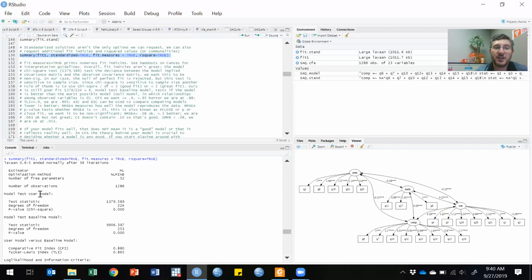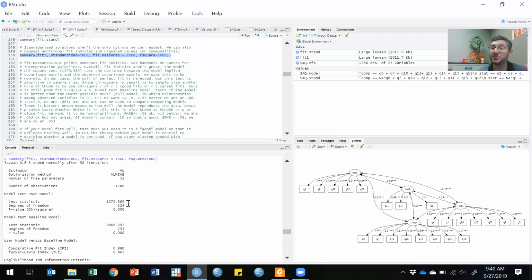The model chi-square test here is testing whether the model-implied covariance matrix is a good representation of the observed covariance matrix. We really want this to be non-significant, because then that would tell us that the model-implied covariance matrix is not different than the observed covariance matrix, and that's what we want.